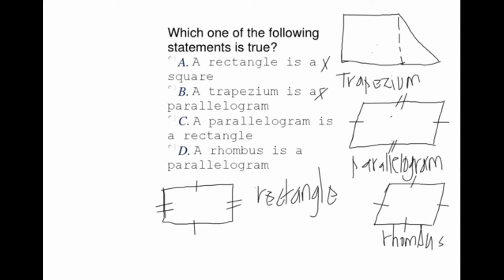So this is true. Then the last choice, a rhombus is a parallelogram. A rhombus is not a parallelogram, since a parallelogram does not have equal sides as compared to a rhombus. So the statement which is true is that a parallelogram is a rectangle.